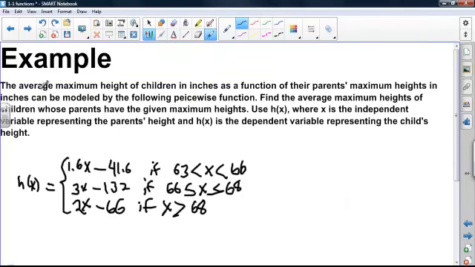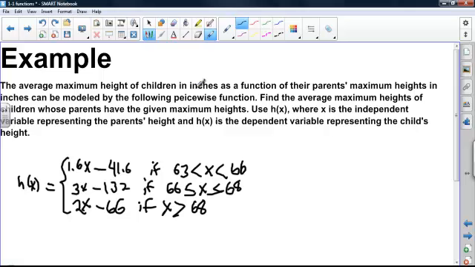So here's an example. Okay, the average maximum height of children in inches as a function of their parents'. Stop. Now, what did that say? That's what we have to try to get you guys to with these story problems. Read the first part, stop and think about it. The average maximum height of children, in inches.